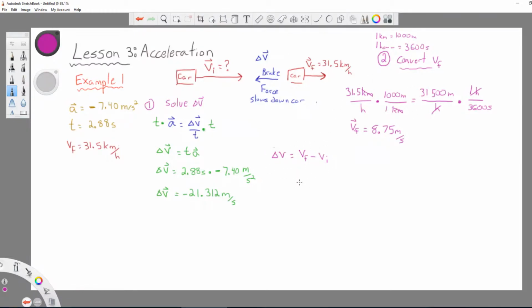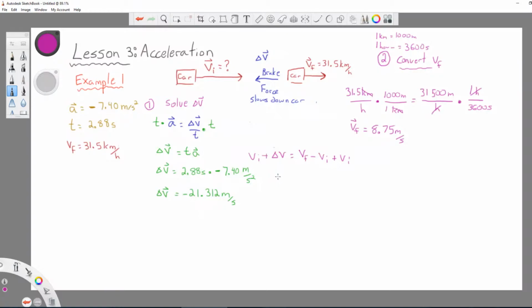All right, if we want to rearrange this to find VI, we're just going to add VI. No, hold on. We got to do a double flip here. So it's going to be two steps, unfortunately. We're going to add VI to both sides.